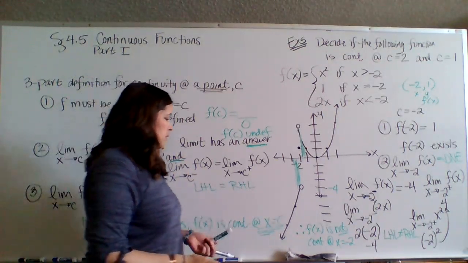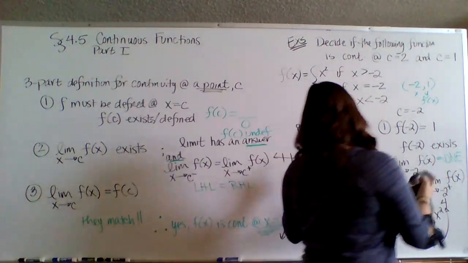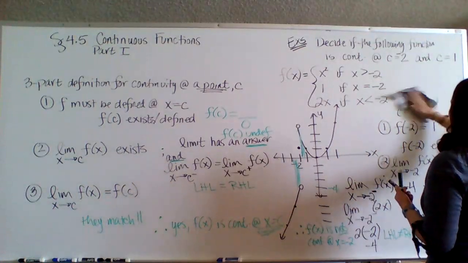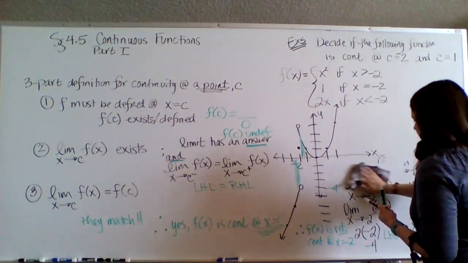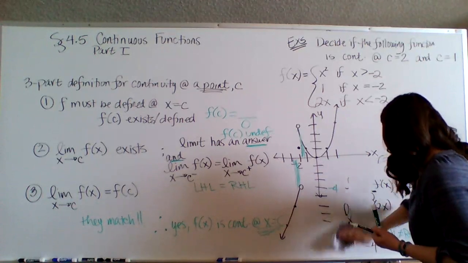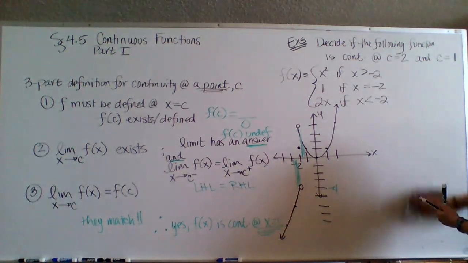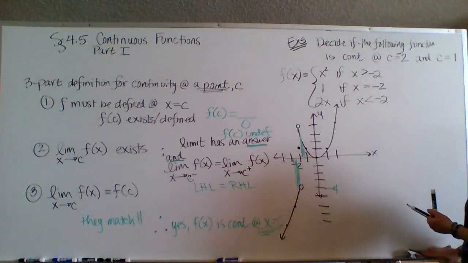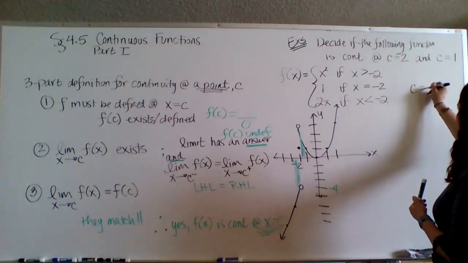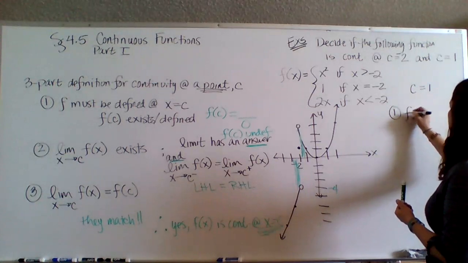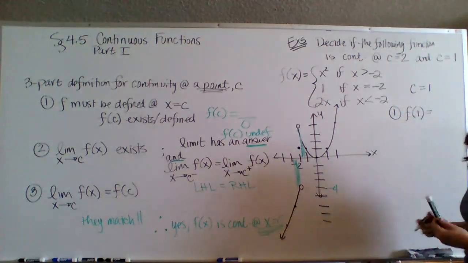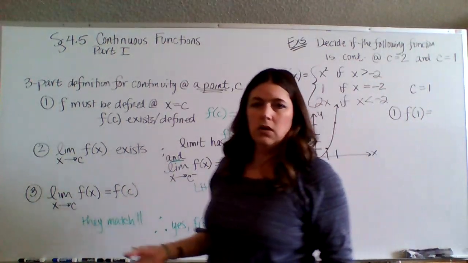So if we real quick go over this same graph, I'm not going to erase it, let's just do all the algebra way instead of a graphical way. And let's focus on the c value of 1. So part 1 would be, does f of 1 exist? Can I plug in 1 and can I get out an answer?